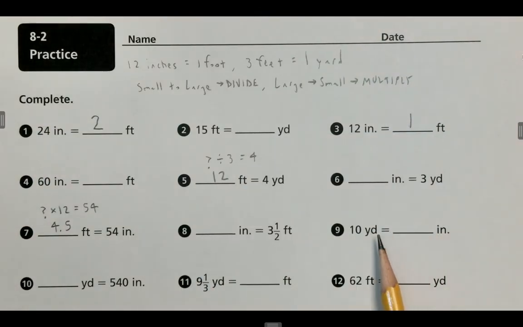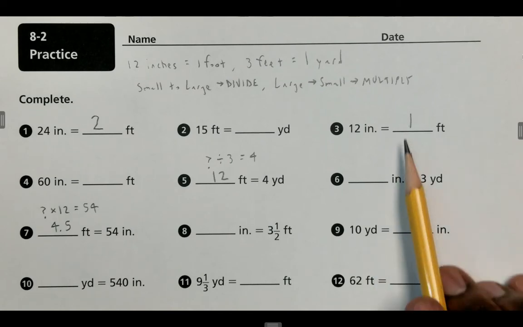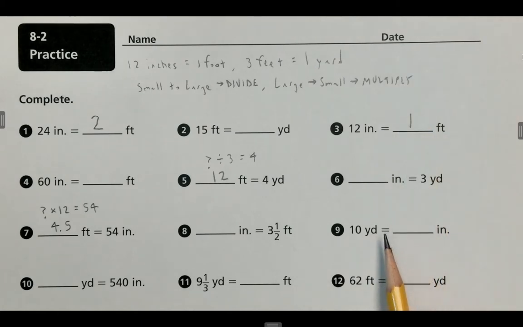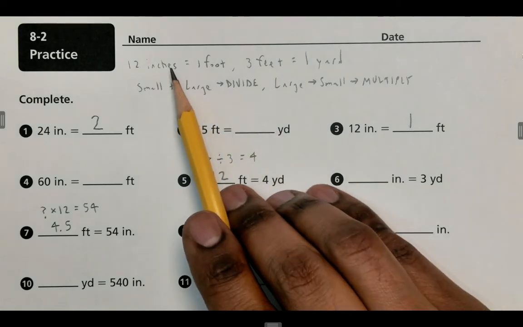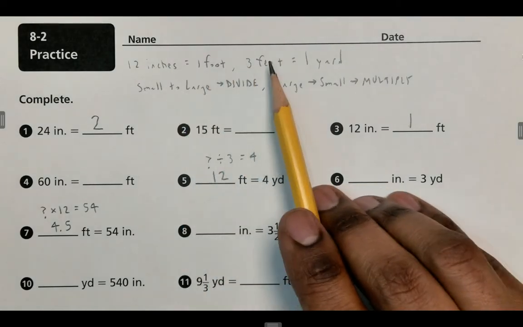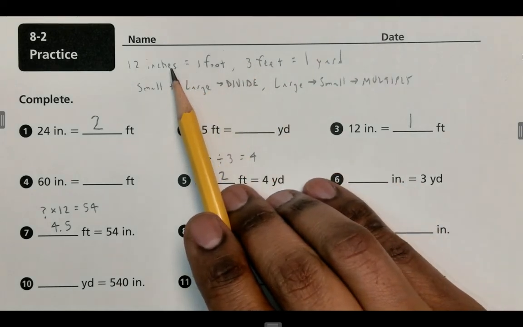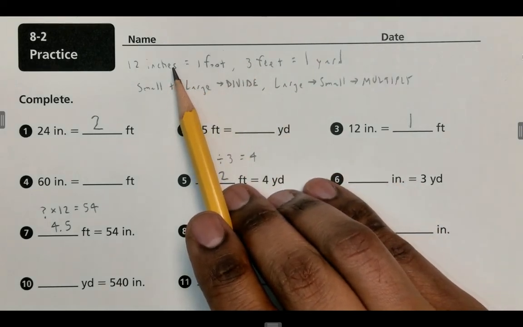Number 9, I'm going yards to inches. A larger unit to a smaller unit. I'm going to be multiplying. Multiplying by what? Well, I could do this as a 2-step deal. I could convert yards to feet and feet to inches, or I could do it as a one-time conversion. I just need to know how many inches make up a yard. I can figure that out. 12 inches go into 1 foot, 3 feet go into a yard. So 12 times 3 is 36.